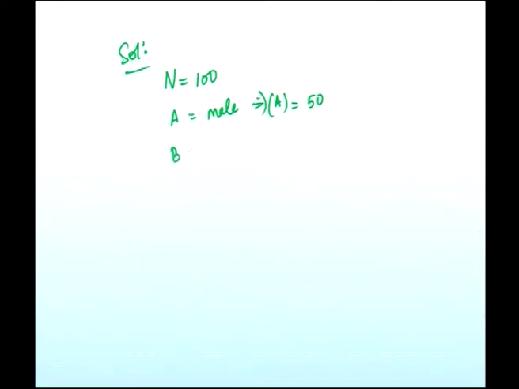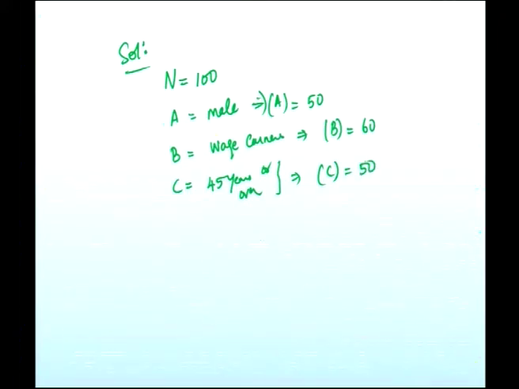And then B represents wage earners, so the number of wage earners will be 60, and C represents the attribute 45 years of age or over, and they are given to be 50%.